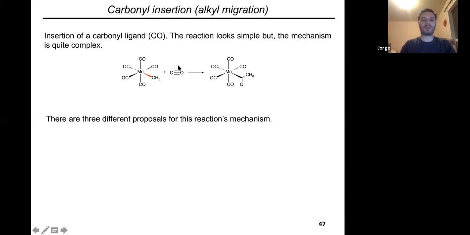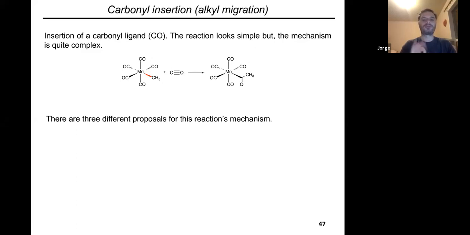So we are going to insert the carbonyl in between manganese and CH3. So that's what's going to be formed: CH3CO, that's called acyl group. And that's what's going to be formed in this reaction.